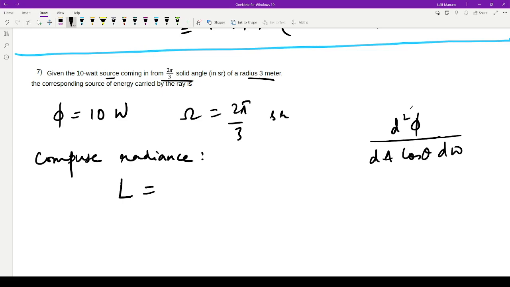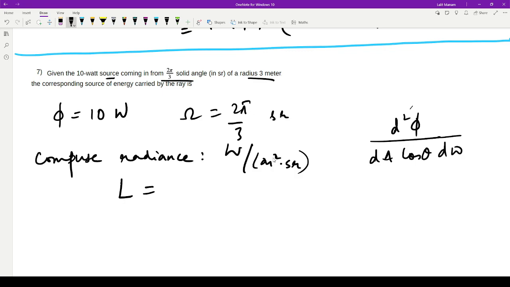Watt per steradian, and area is also there, per meter square. So watt per meter square into steradian, with meter square and steradian in the denominator.